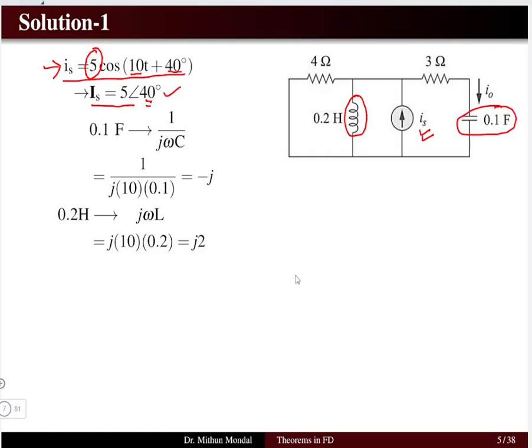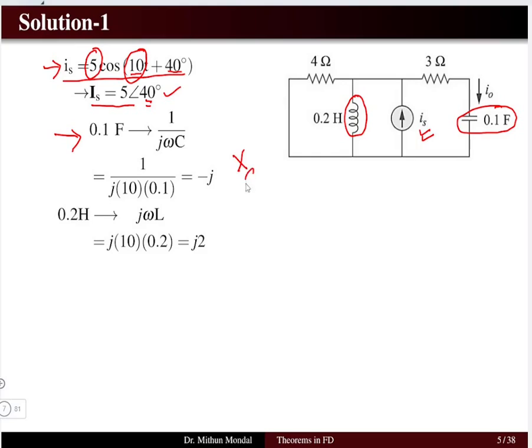Once we have the current in phasor form, we can convert the inductor and capacitor into their respective inductive reactance and capacitive reactance, because all the problems will be solved in impedance form. Since the capacitor is 0.1 farad and the frequency is 10 radian per second, we can convert the capacitor into its equivalent capacitive reactance.